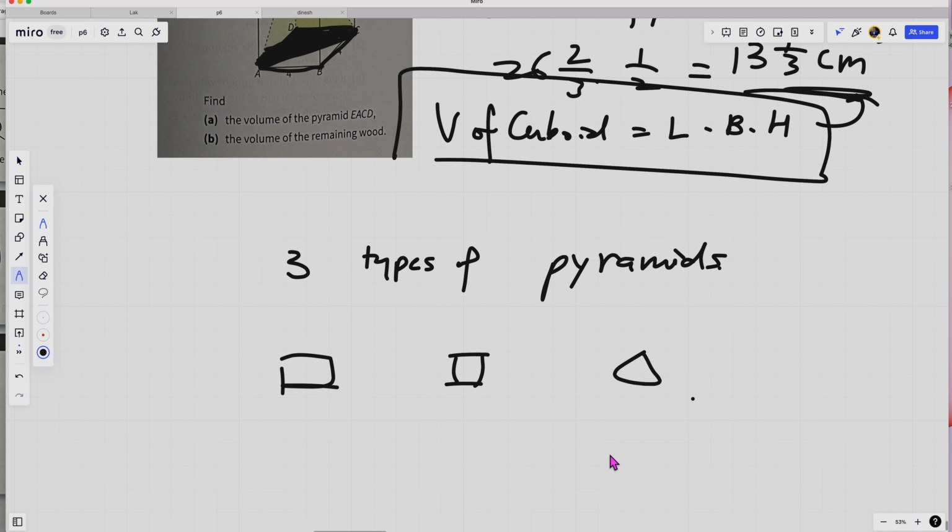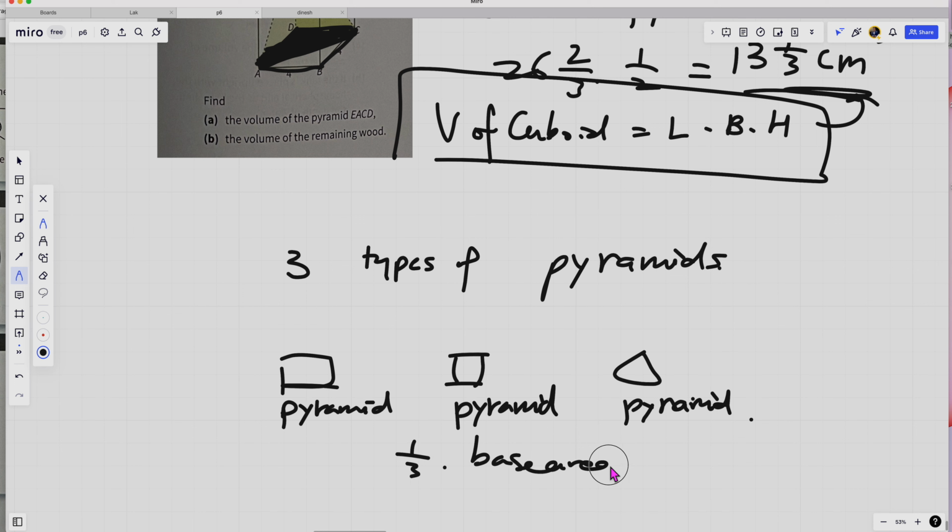And the common approach for all of these pyramids is 1/3 times base area times height. So please remember. It's 4:30. Good.